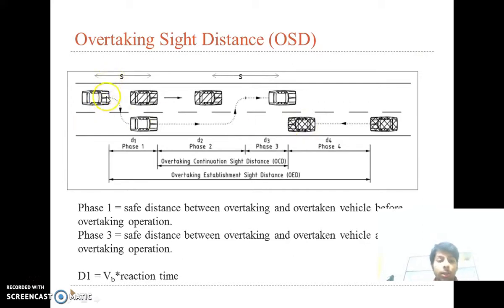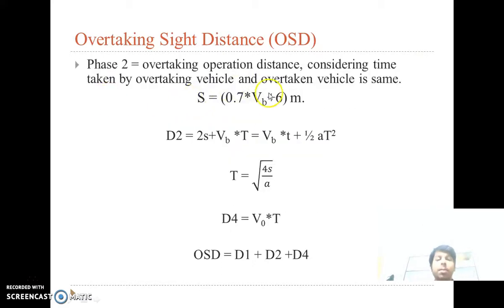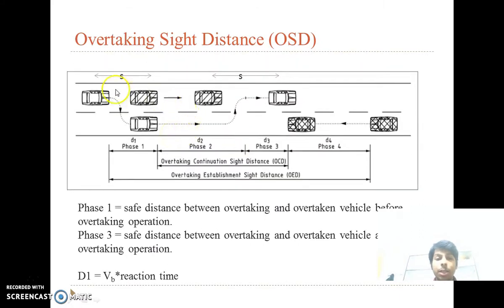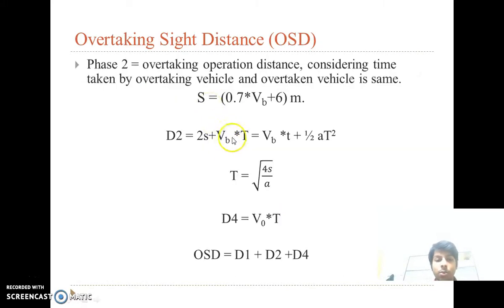So the safe distance is governed by this formula, which is equal to 0.7 into speed of slow moving vehicle plus 6 meters. This 6 is generally the length of vehicle. D2 is this whole distance. This is equal to 2s plus the time into velocity of the slow moving vehicle.